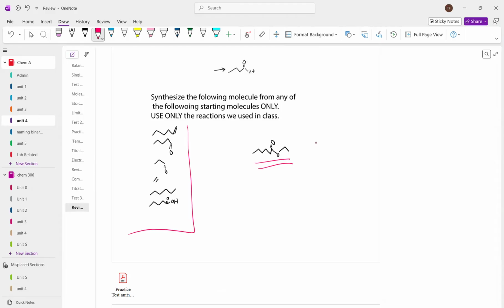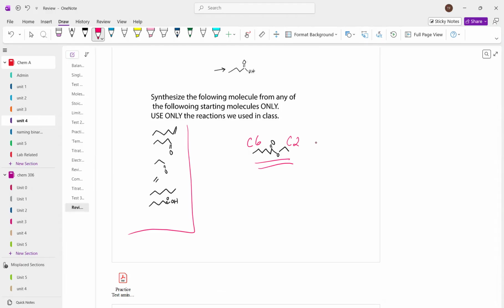Okay, so this ester has a 2-carbon alcohol and a 1, 2, 3, 4, 5, 6 carbon acid. So whenever you make an ester, the backbone number of carbons does not change.